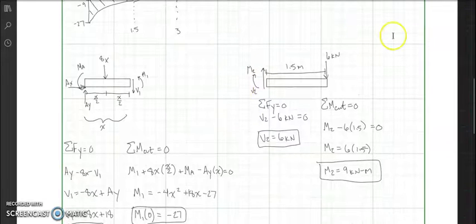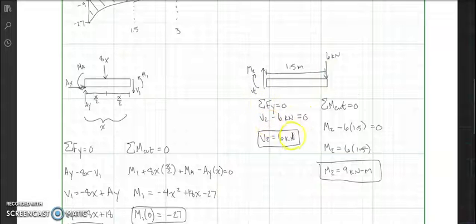Next, I solve for the right side of my cut. This just has our shear force here, as well as our M2 moment. The length of this beam was 1.5 meters, and there was just one load on it of 6 kilonewtons at the very end. When summing forces in the y direction, that gave me positive V2 minus 6 kilonewtons equal to 0.